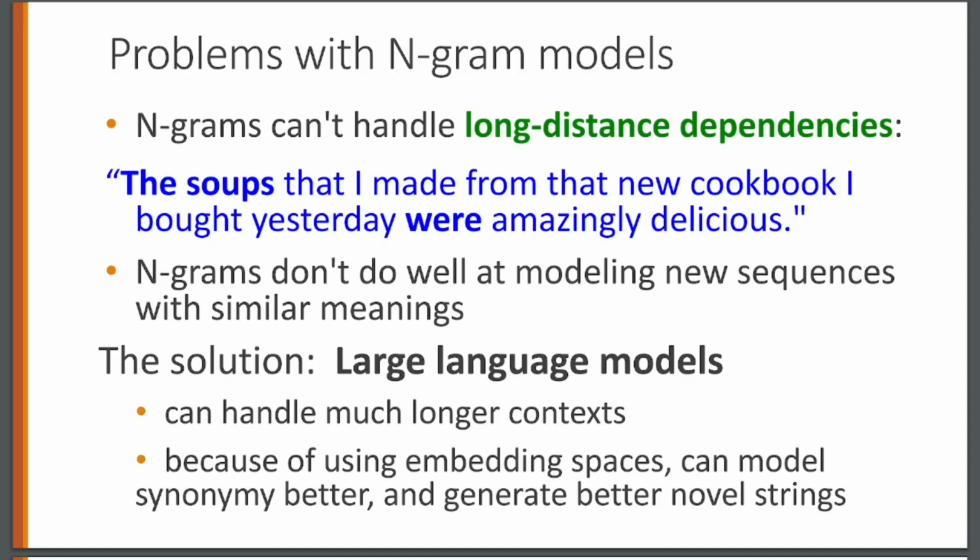And they're able to capture dependencies between words, right? They're able to sort of pay attention to what words matter in order to predict the next one. So for instance, the soups, a large language model we'll see, should be followed by were later in the sentence, not was.